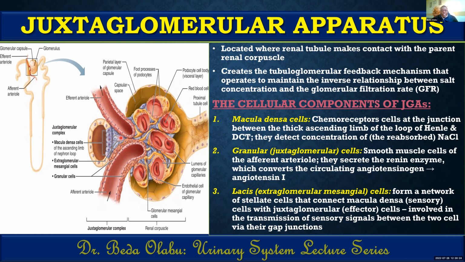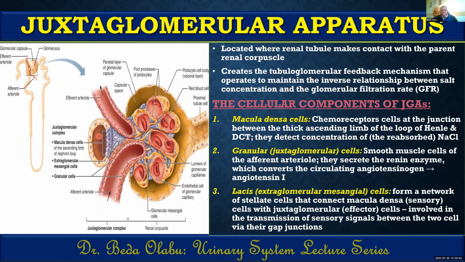Now, the role of the lacis cells is to basically form a path through which we can have signal transmission from the macula densa to the juxtaglomerular cells. So it forms a path where the macula densa can actually communicate with the juxtaglomerular cell in terms of perhaps stimulating renin secretion or inhibiting renin secretion, depending on the concentration of sodium here.